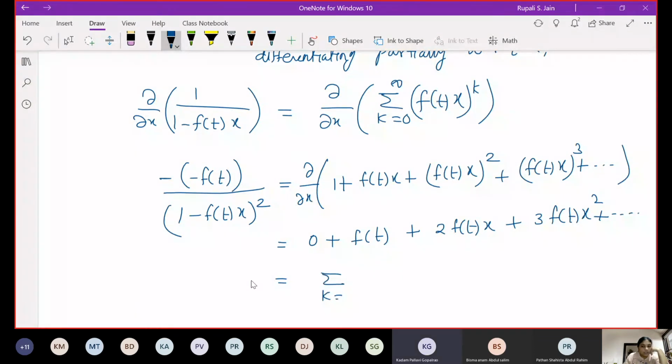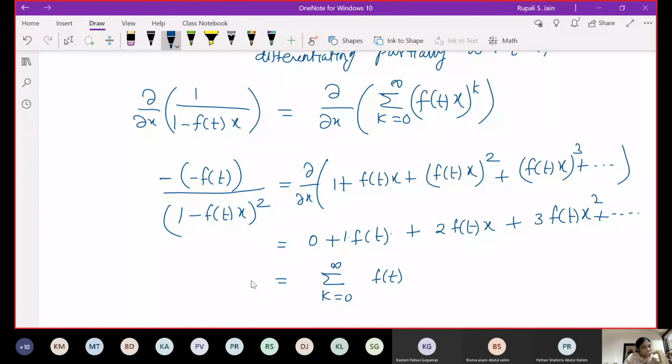If I want to write this in summation form, how should I write? Summation 1 to infinity, where I want to write 1, 2, 3 and so on. So 1 times x raised to 0, x raised to 1.